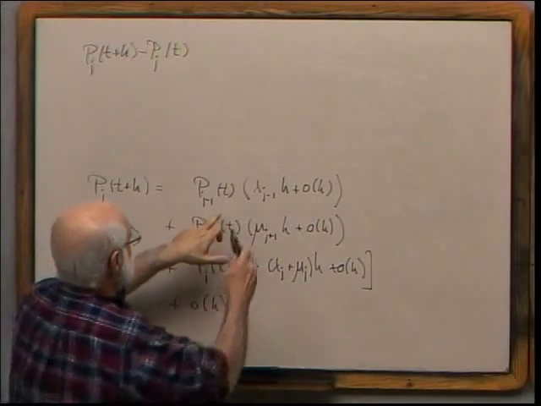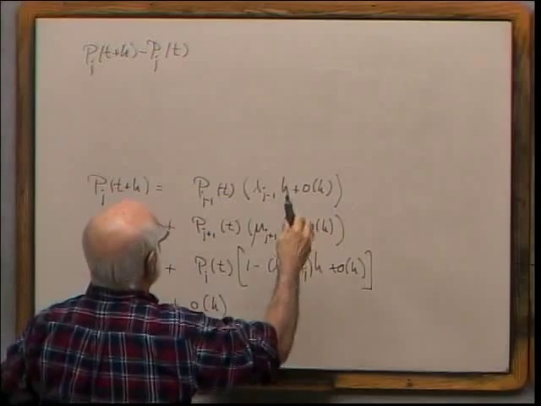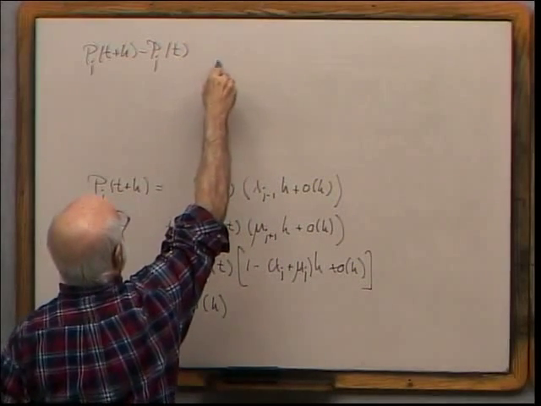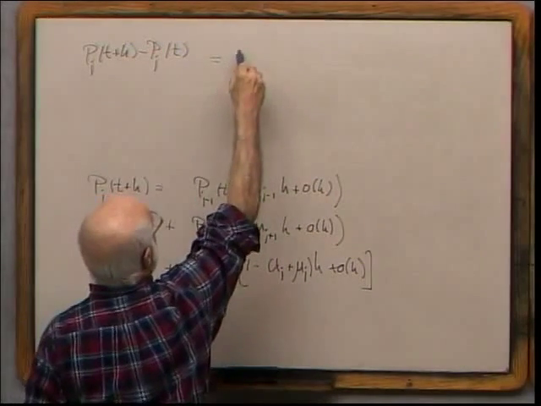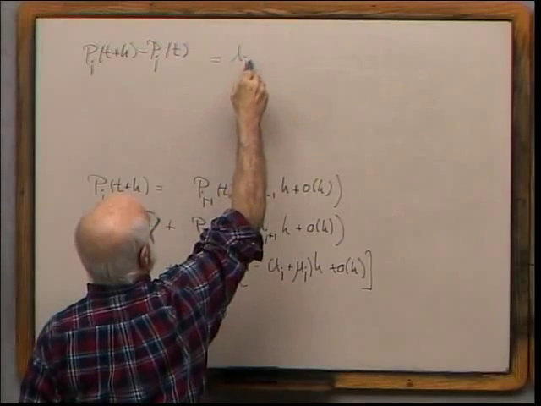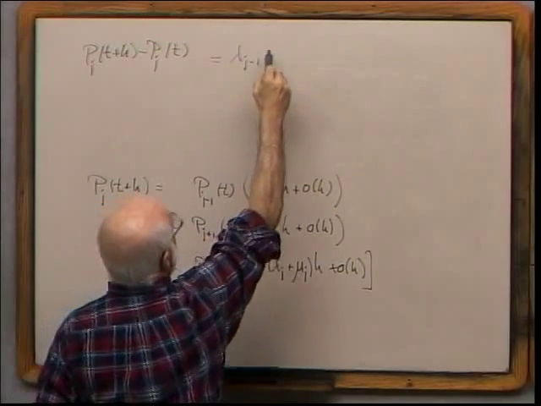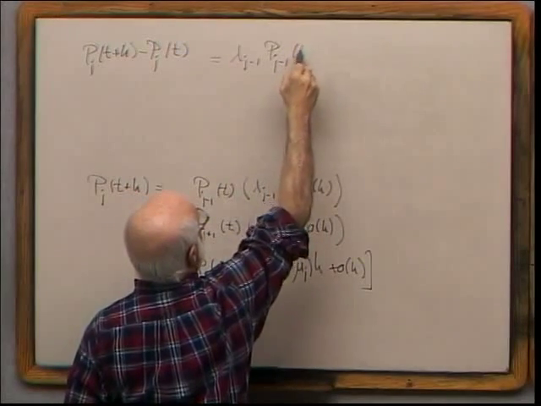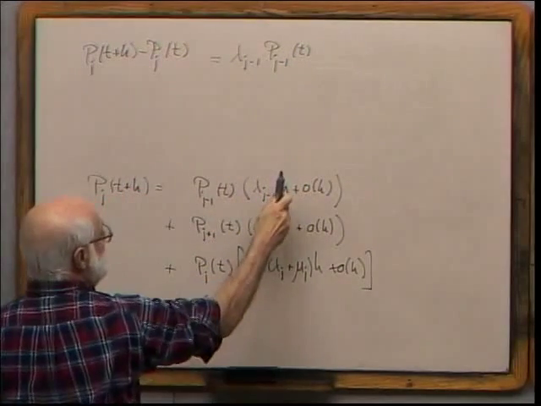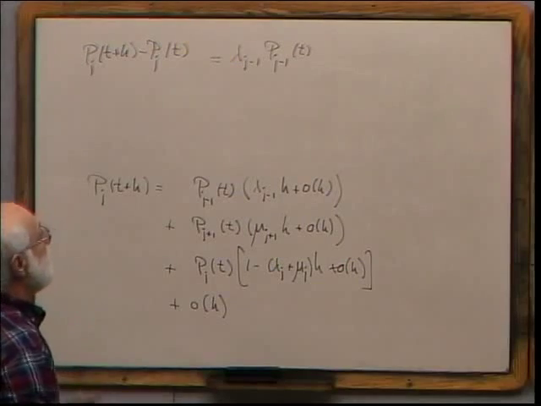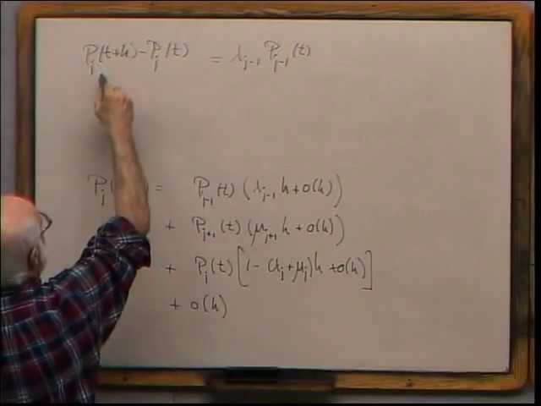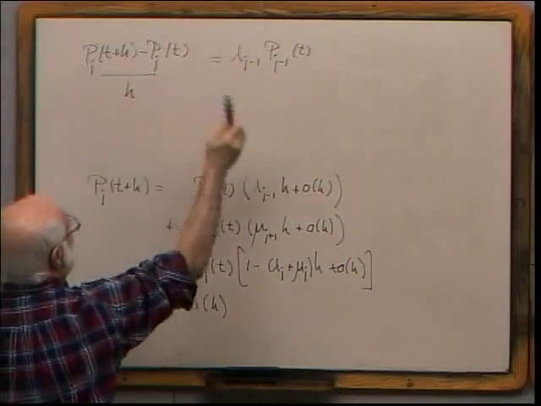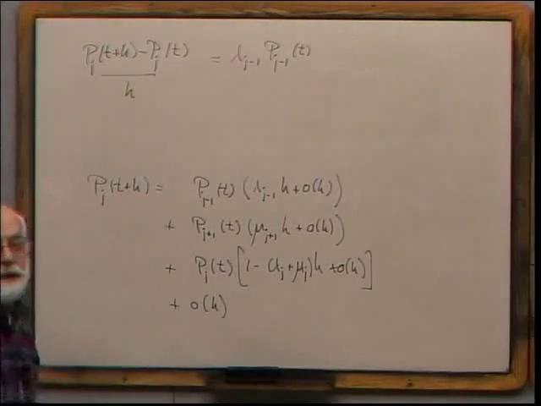So that means that when I multiply this out, what I'm going to get is the following. I'm going to get lambda sub j minus 1 times h times p sub j minus 1 of t. And that h, which multiplies all of the terms, I'm going to divide both sides of the equation by that. So that's going to put the h over here and get rid of it over there.